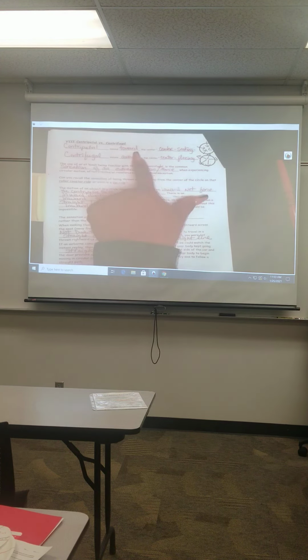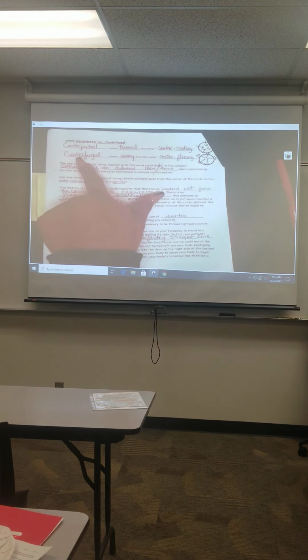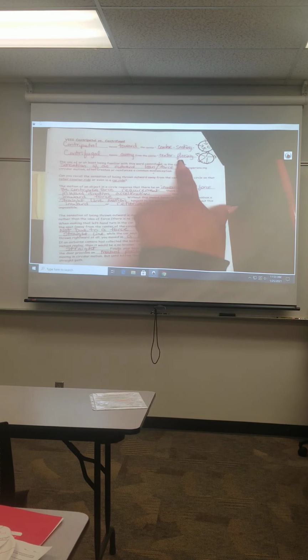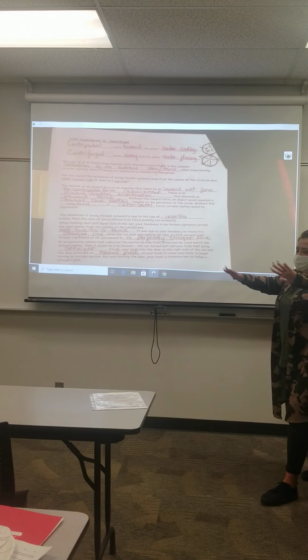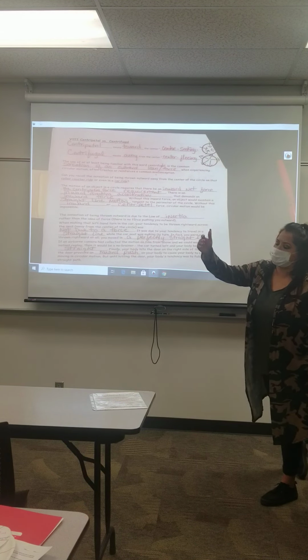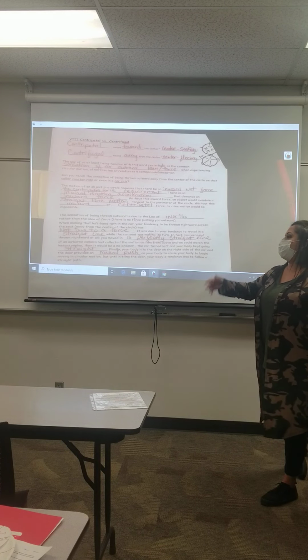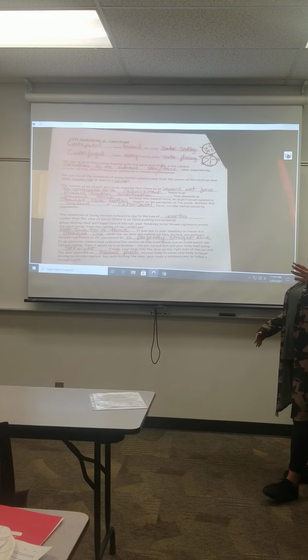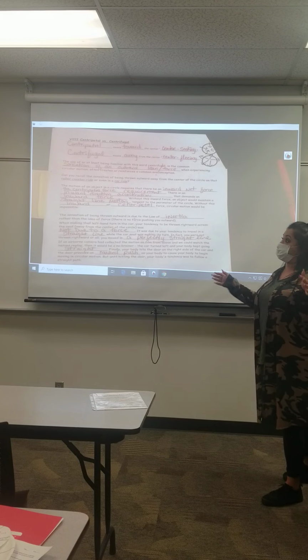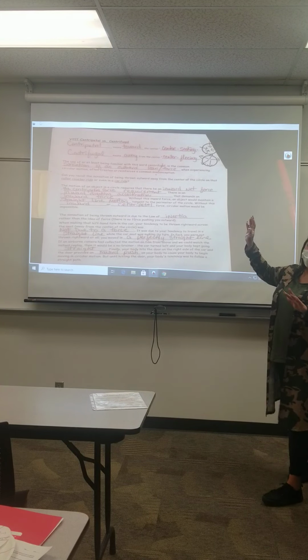Centripetal means towards the center, or center seeking. Centrifugal means away from the center, center fleeing. So what I need us to know is any word that has centripetal acceleration, centripetal force, centripetal whatever, it's going to move in. Centrifugal force, centrifugal acceleration, centrifugal whatever, it moves out.